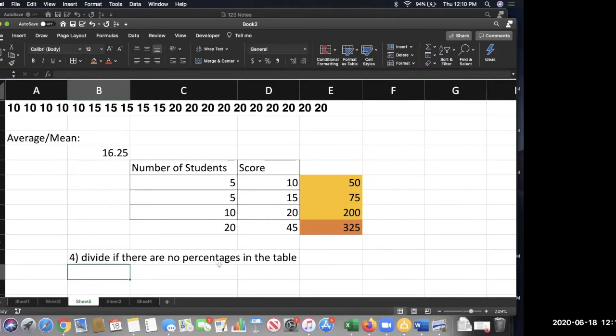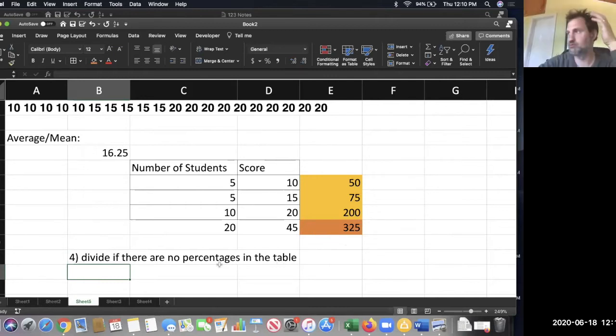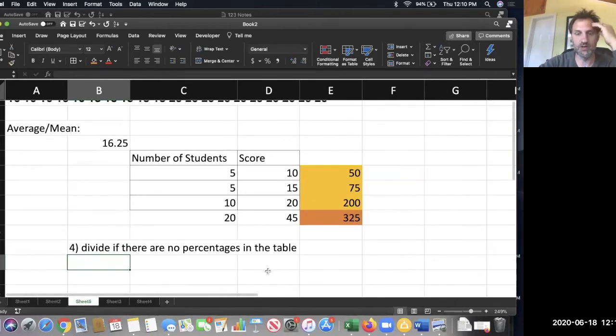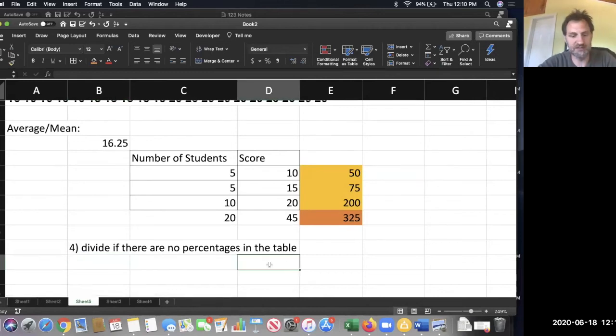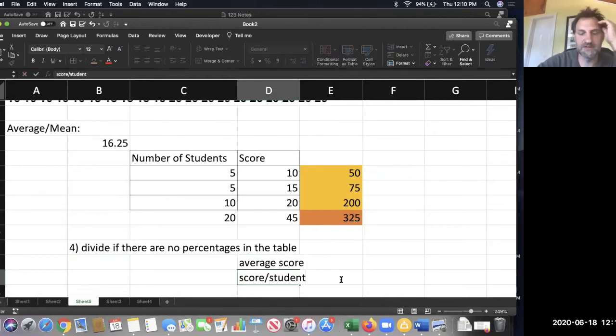Now, that brings up another point, which is, well, what do you mean divide? What am I dividing? I got a bunch of numbers I could divide. So that's kind of a hard question. There's 2 ways you can think about it. One is trying to think about what this term, average score, means. It's essentially a score per student type of ratio.